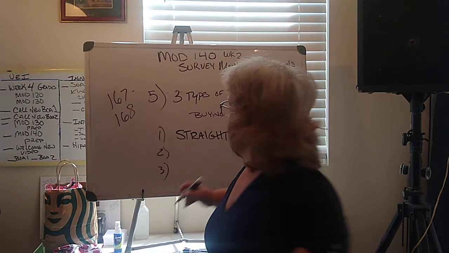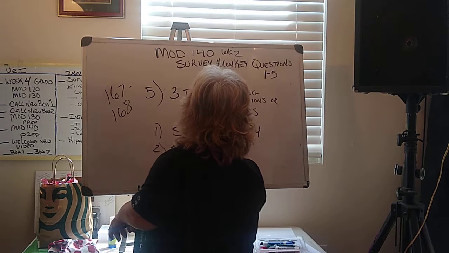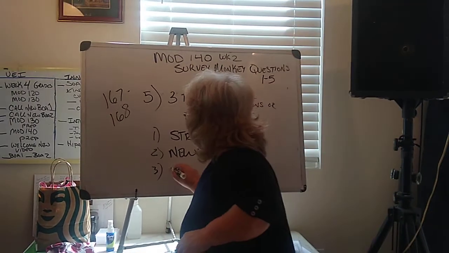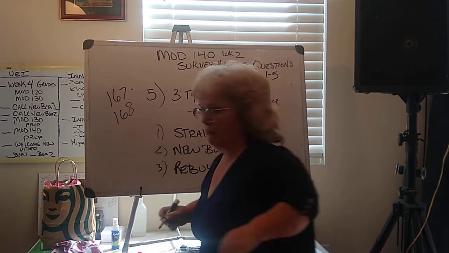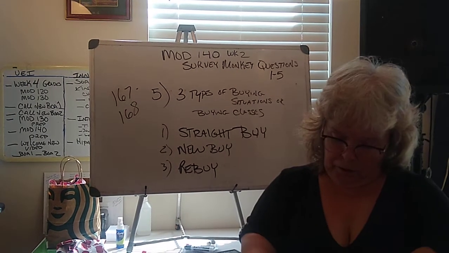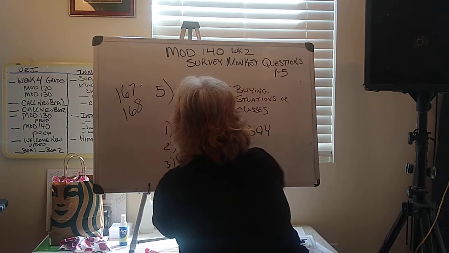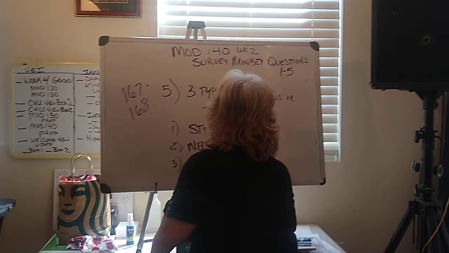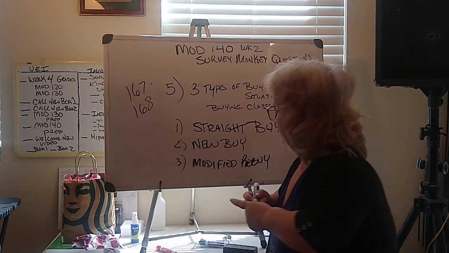There is the new buy. And then there is the rebuy. So the new buy, straight buy, modified rebuy. I'm sorry, that should say modified rebuy. Modified rebuy. You might as well say it right.